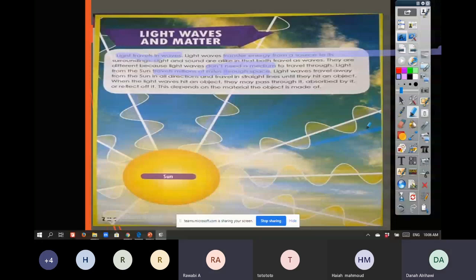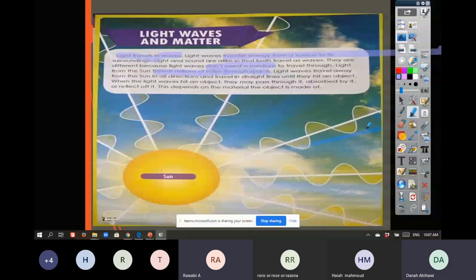Which form of energy can pass through space? Is it light or sound? Teacher, I don't think the light is the language. Teacher, sun. Thank you.